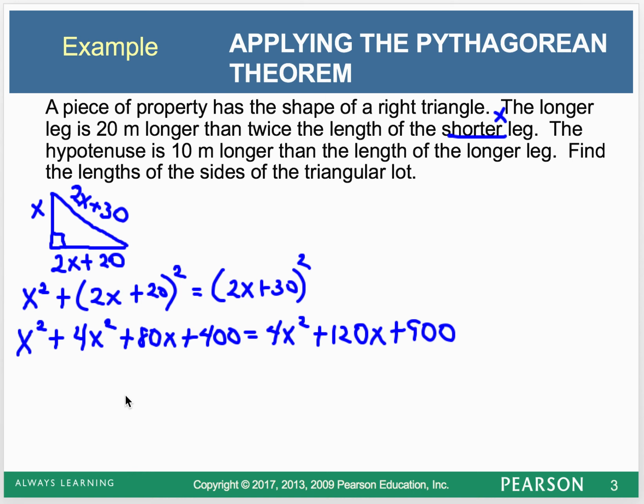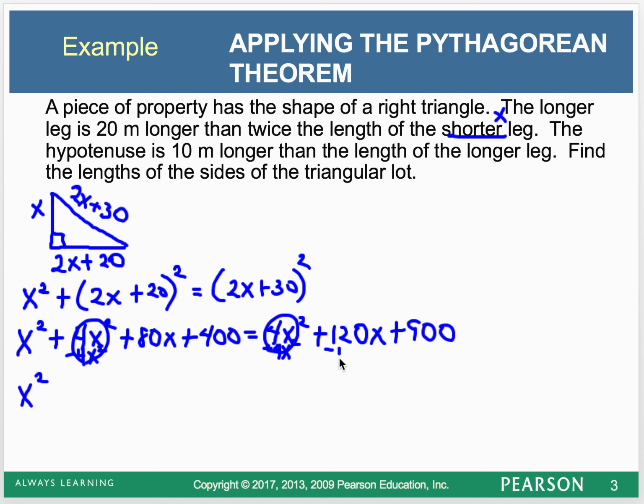Okay, now I need to put everything on the same side, set it equal to 0, see if I can factor it. Okay, notice if I subtracted 4x squared from both sides, that's just going away. So that's great. I just have an x squared. That'll make my factoring easier.